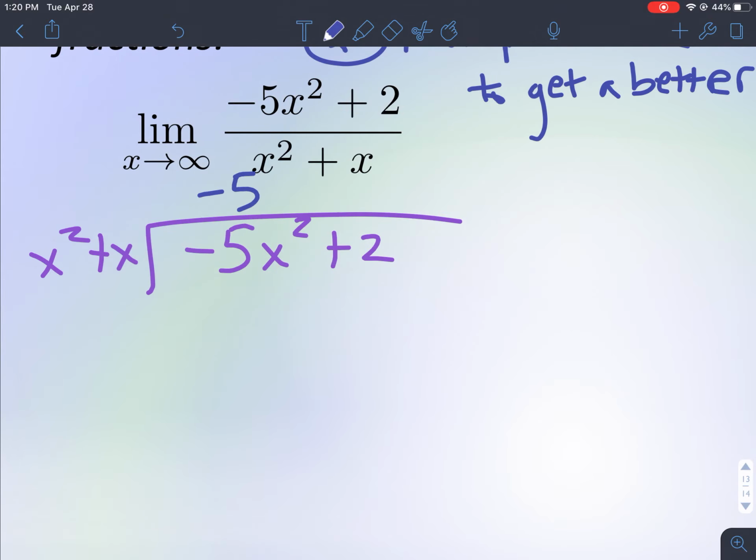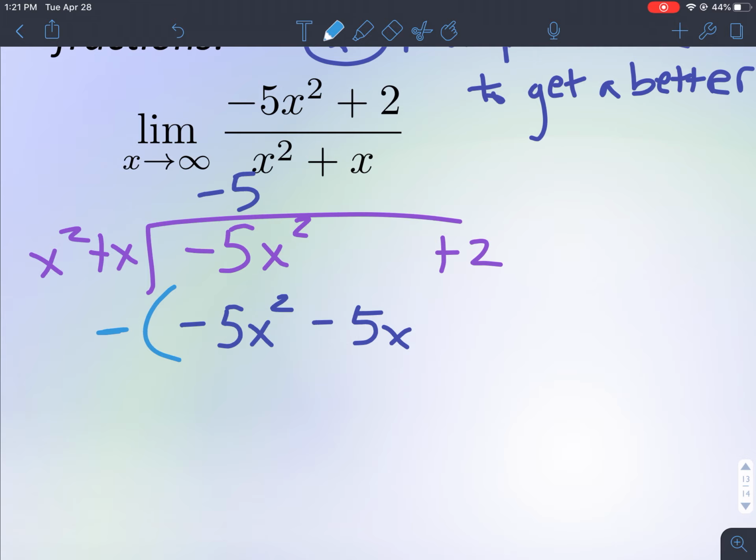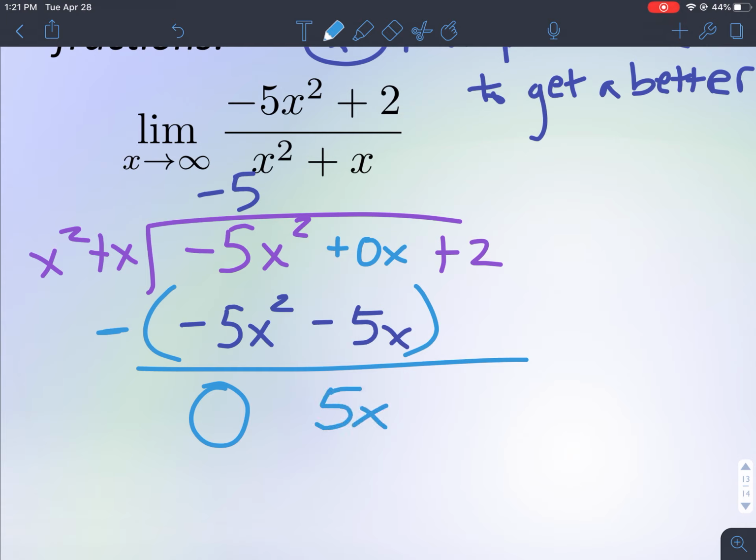So negative 5 times gives 5x squared minus 5x. We should move this over. And we're going to subtract that. Negative 5 minus a negative 5 is going to be 0, so that's good. 0 minus negative 5, that's going to be positive 5x, and then bring down the plus 2.